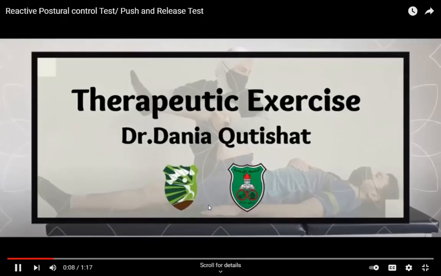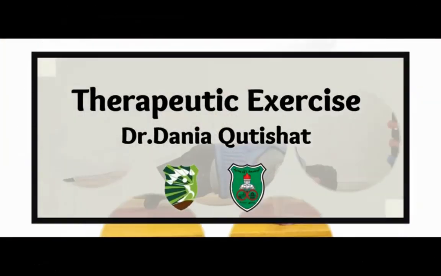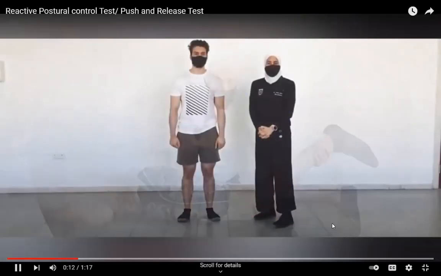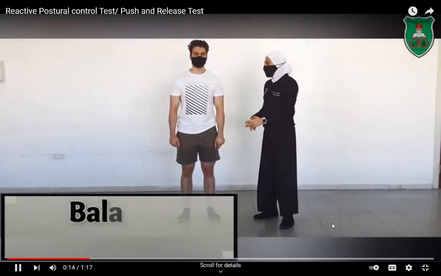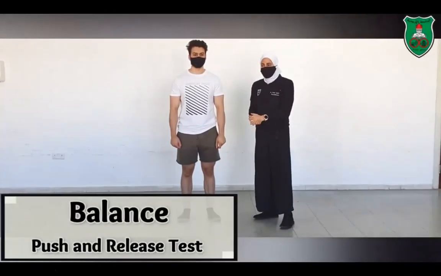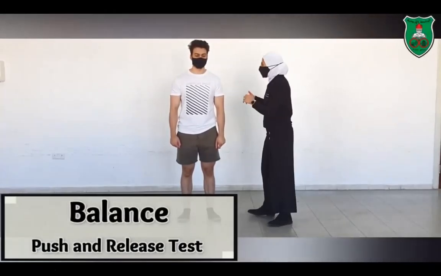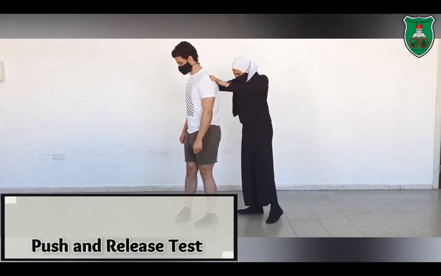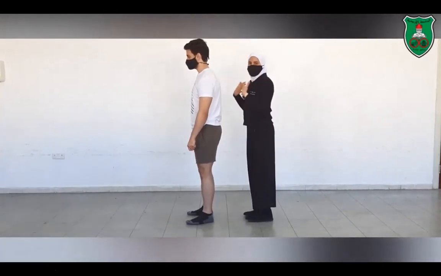So the first test here is the push release test. We will be performing the test first, and then I will explain later. So please stand like this. I will be standing behind.